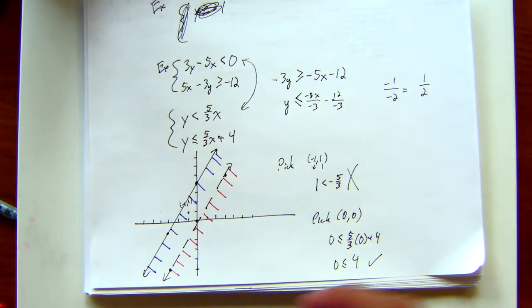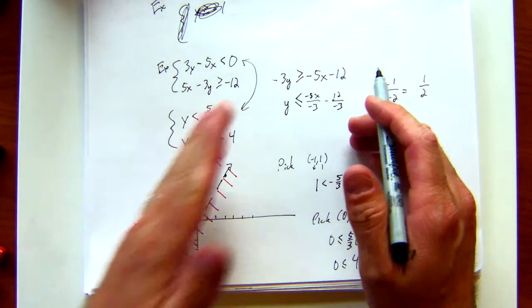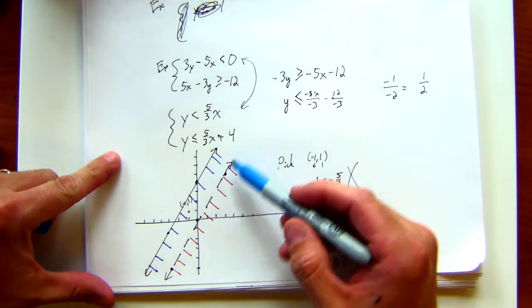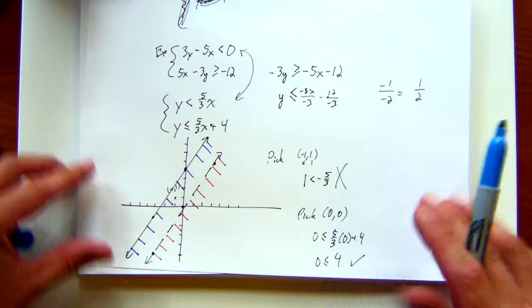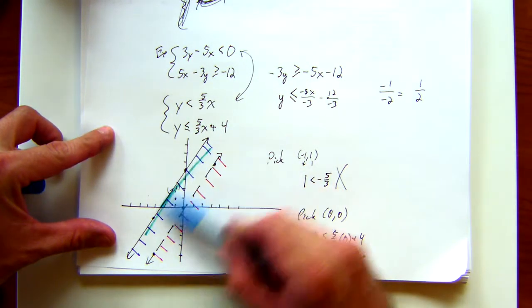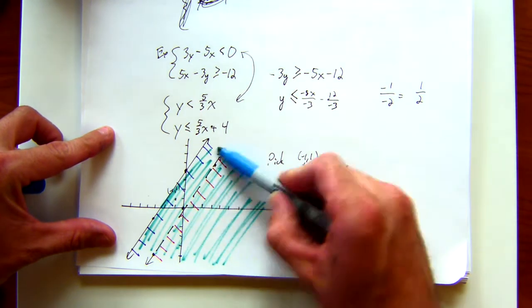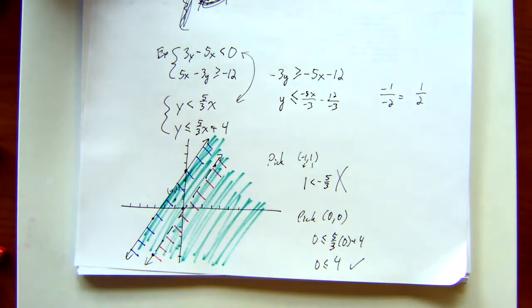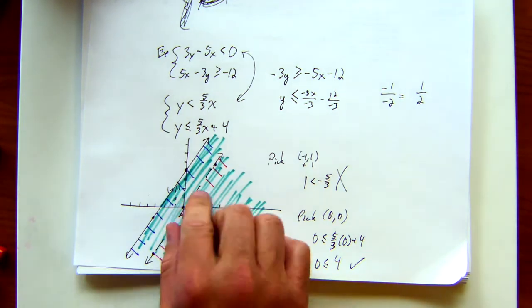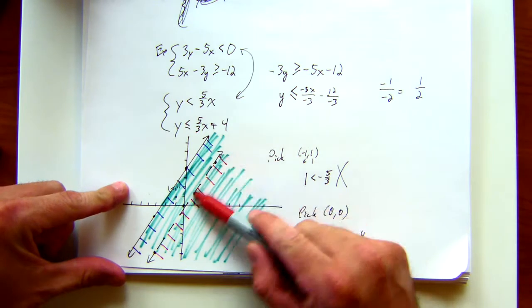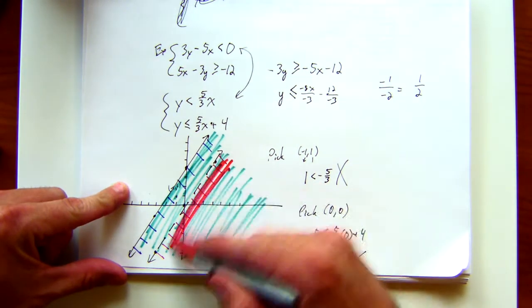Maybe on Thursday I'll bring some transparency paper and it might be a little bit easier to see. I'm going to try this with color. It might get kind of messy, but let's see if we can see it. So for this line, it was everything to the right of that line. Now for this line, it was everything to the right of the dashed line.